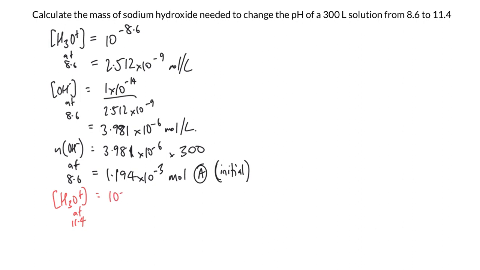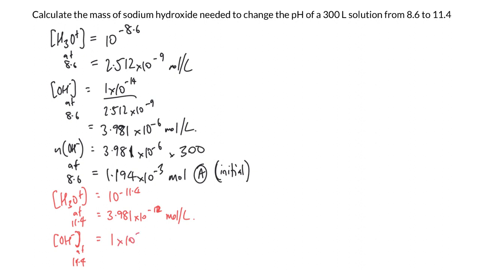That's 10 to the power of negative 11.4, which happens to be 3.981 times 10 to the negative 12, which is a small amount, that makes sense, right? Mole per liter.